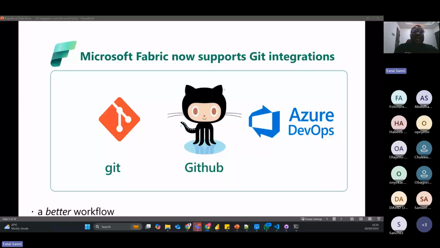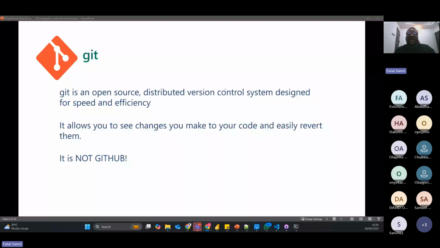So Git in itself is an open source distributed version control system that is designed for speed and efficiency. It allows you to see the changes you make to your code, as well as the changes others make to their code, and easily revert and switch between them, right?